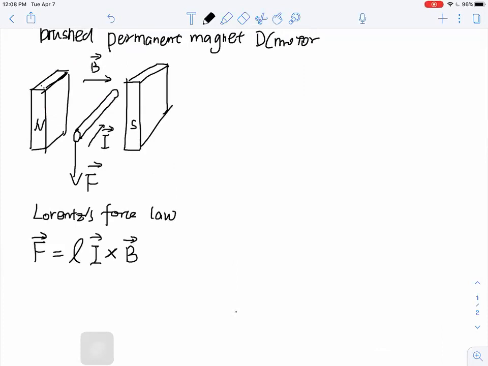And since the motor generates a rotational motion, right, what happens if, instead of just one single wire, we put a loop in between the north and south pole? So if we have north and south, and now we have a loop.